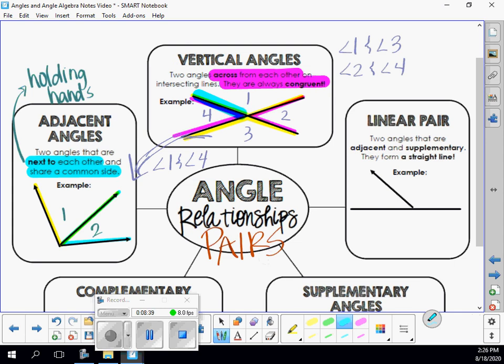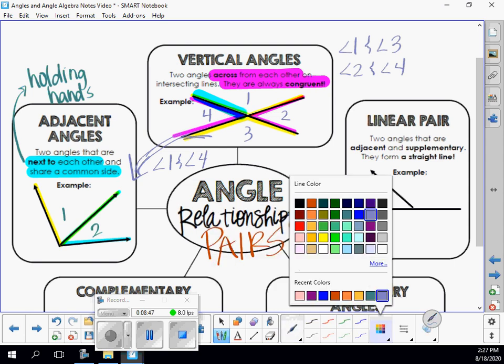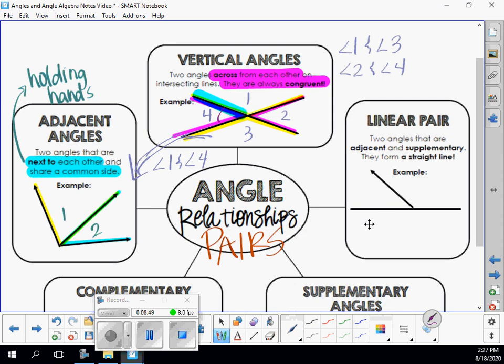These angles always form an X. So vertical angles always form an X. And they're always congruent, so we could come in here and add in our congruent marks. 4 is congruent to 2. Well, I've already used 1 arc mark, so I have to make 1 congruent to 3. So I have to up the total amount of arc marks.